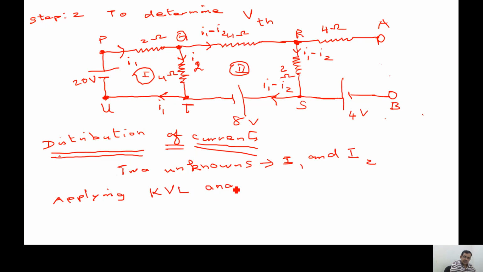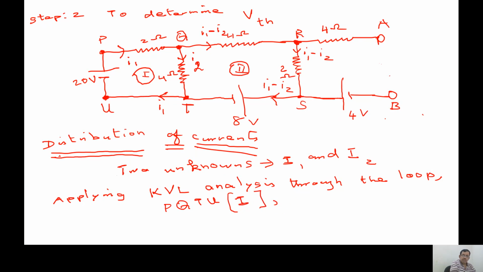running KVL analysis through the loop P, Q, T, U. The first loop is marked loop 1.